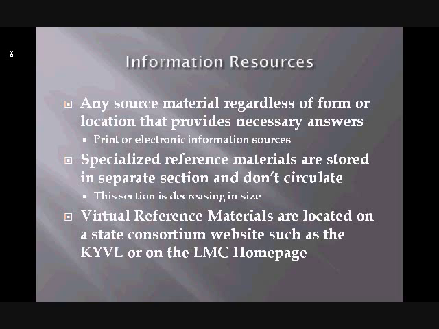This is where you will find encyclopedias, almanacs, dictionaries, and other large volumes that contain specialized information. Much of these information resources that we typically find in the reference section of the library are decreasing in size because they are becoming increasingly available through electronic means, including the internet.